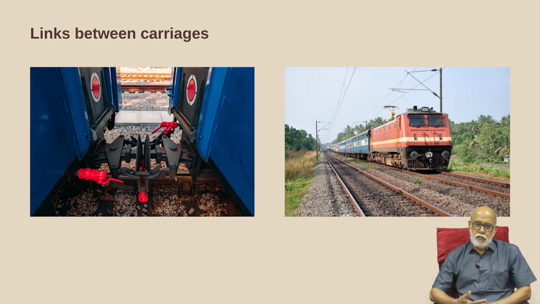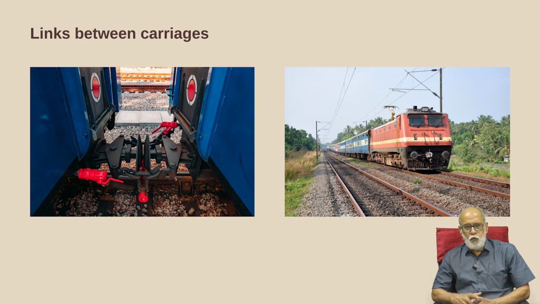Okay, and because it moves on rails, so it is called railways, right? But all trains, as you can notice in the photograph on my right hand, is the photograph of a goods train. Now it's not that there is only one unit, only one bogie from or after the engine until the guard's bogie. No, there are several bogies.